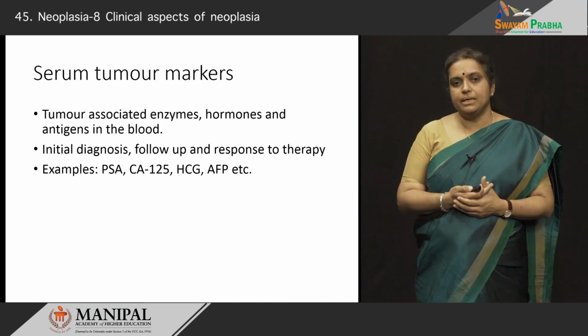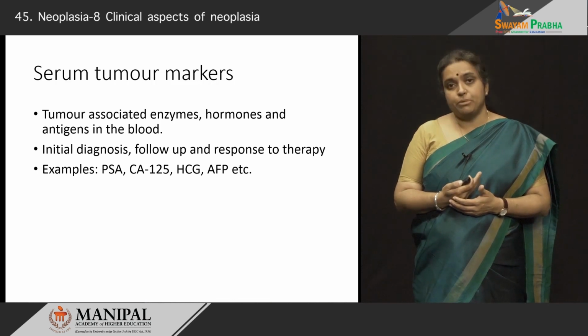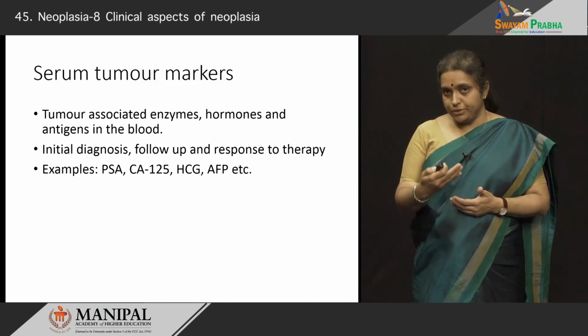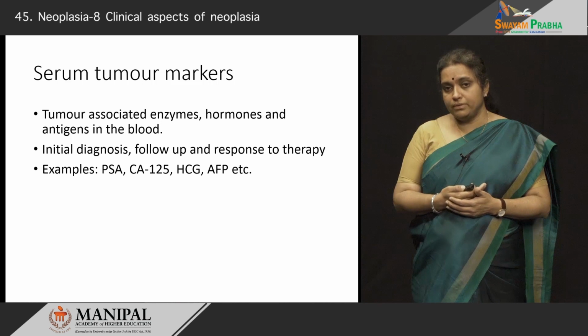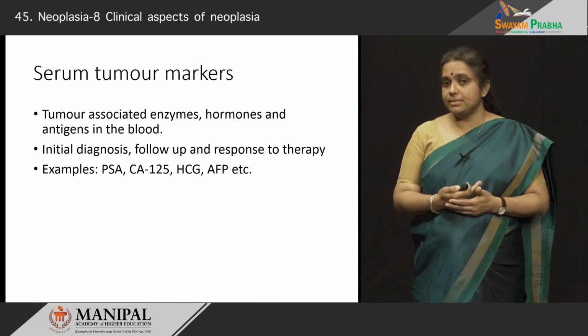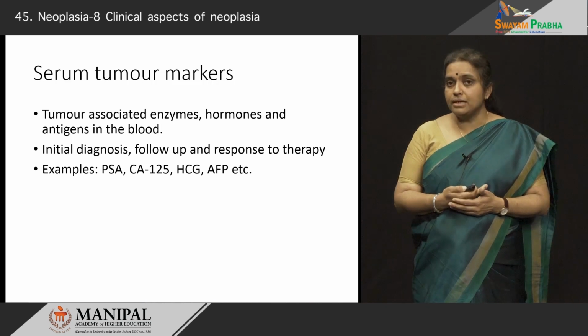The examples are PSA in prostate cancer, which is not a germ cell tumor, but PSA is used for assessing response to therapy. PSA was being used as a screening test for prostate cancer in the Western countries.